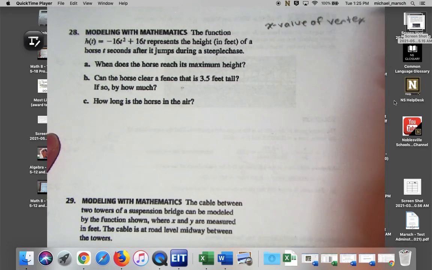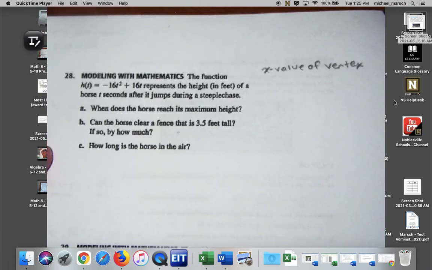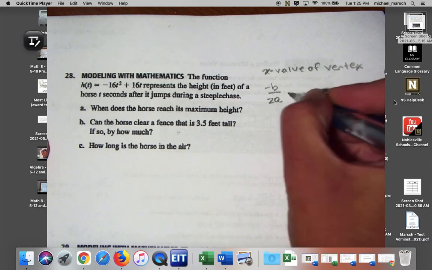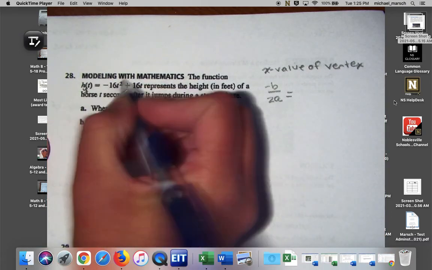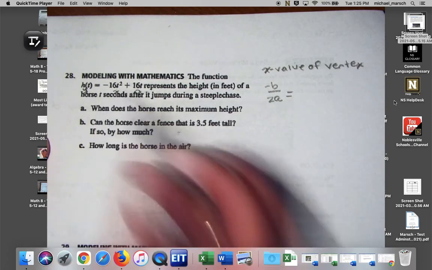Okay, so we're first going to find the x value of the vertex, right? So we're going to use opposite b over 2a again. We've got this function here. Maybe you guys want to write y and then x and x, so you know that these are actually the x's and y's, the t and the h's.